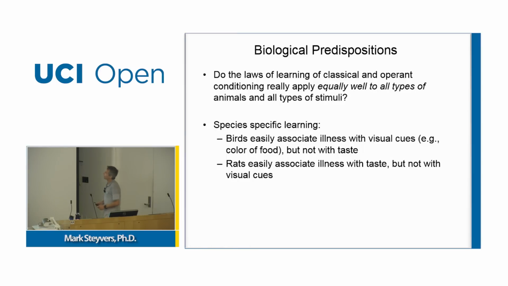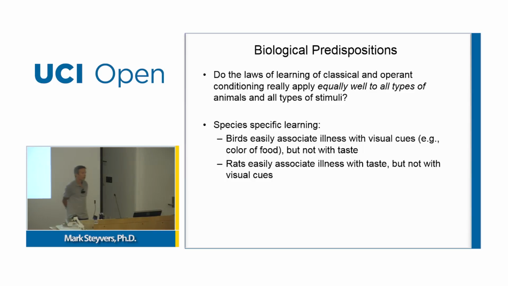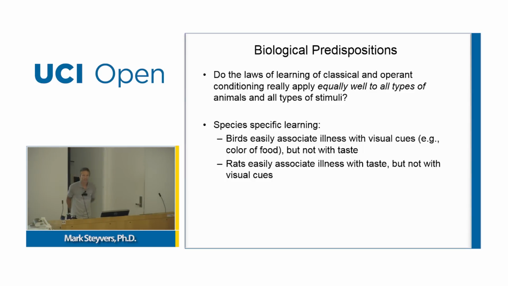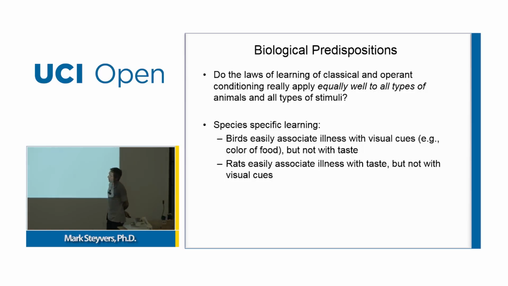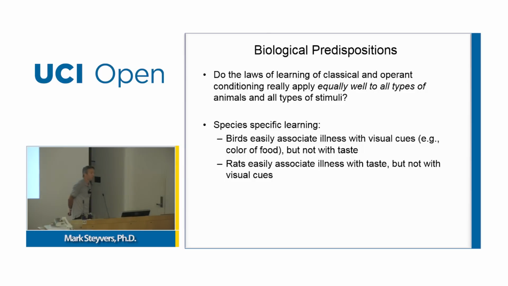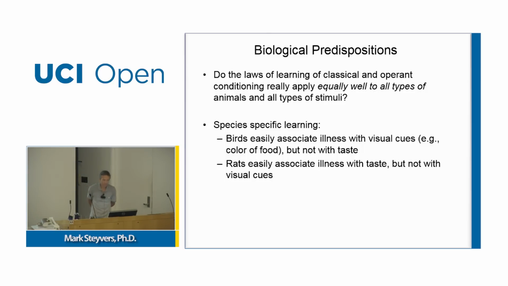The other potential problem for very general learning theories that behaviorists claim to apply to all species, is that there are certain things that animals can easily learn and others with great difficulty.